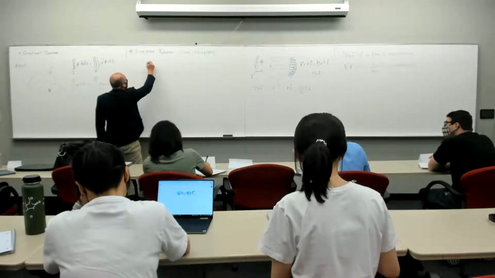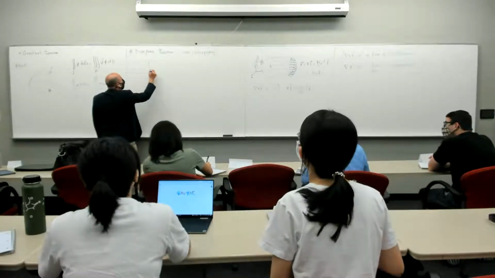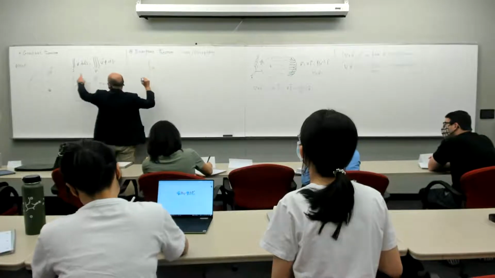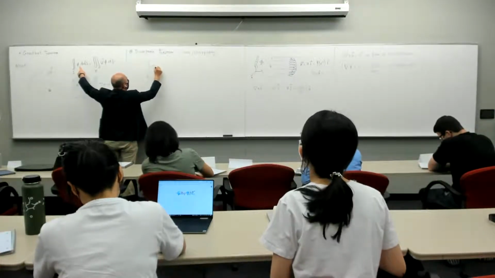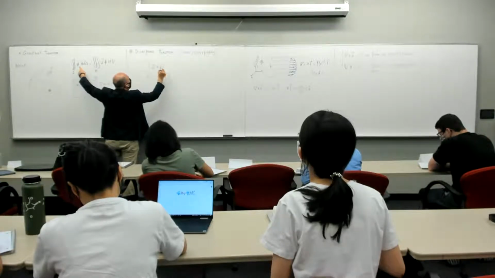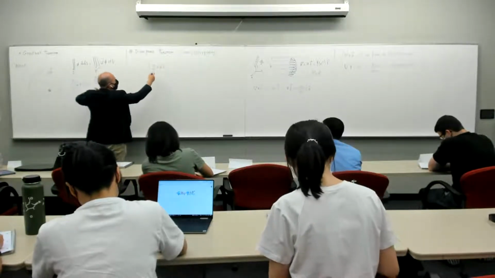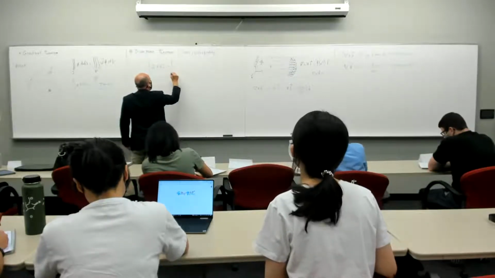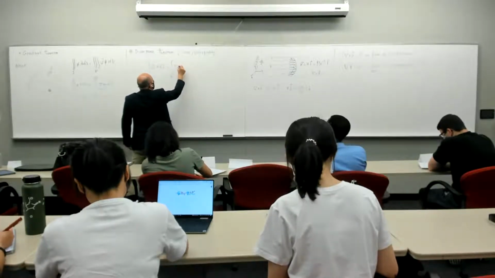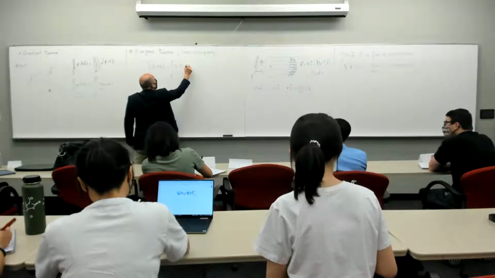It says that the surface integral, we're going to do the same thing. So now rather than having a scalar, we're going to have a vector, the integral of u dot n dS. So that's the flux of this vector field, and it is equal to the volume integral of the divergence of u dV.